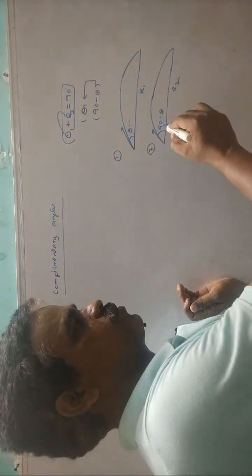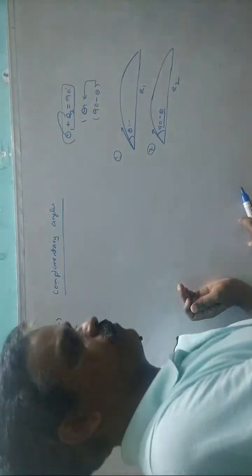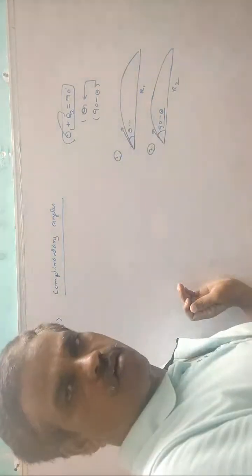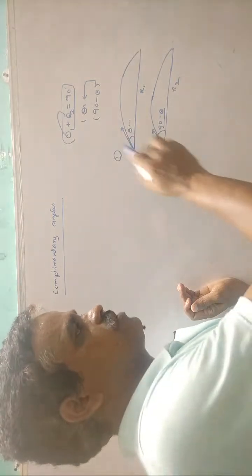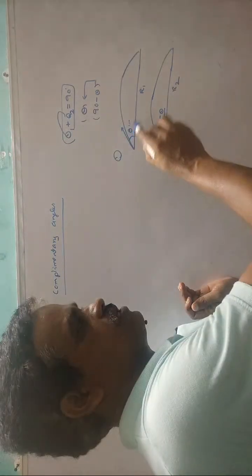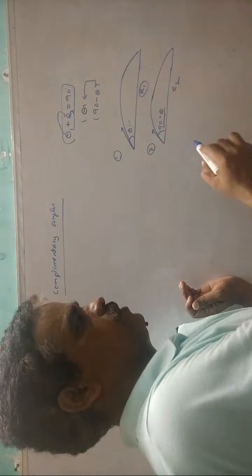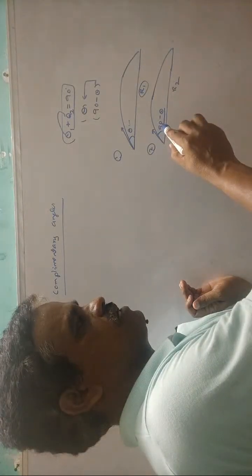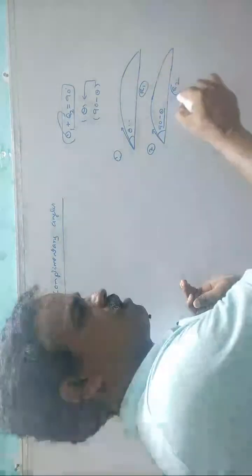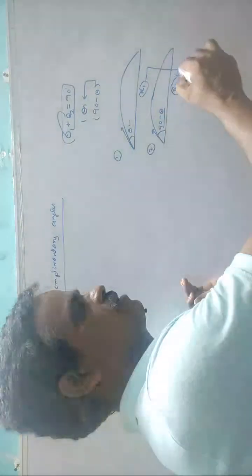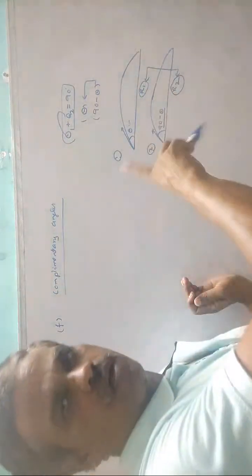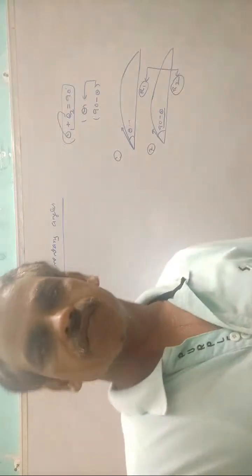In the second case, the projection angle is 90 minus theta. These two angles are complementary angles. What is the relation between R1 and R2? That is the question here.